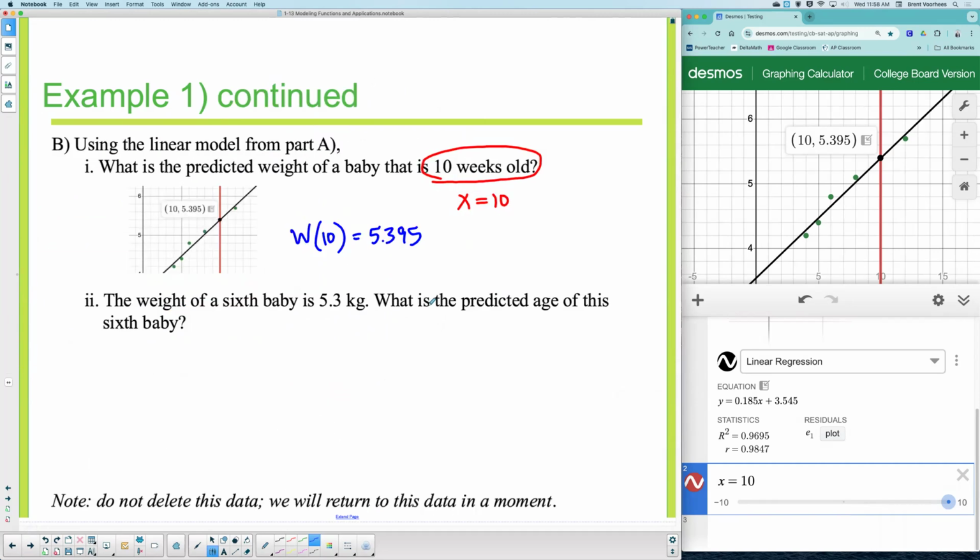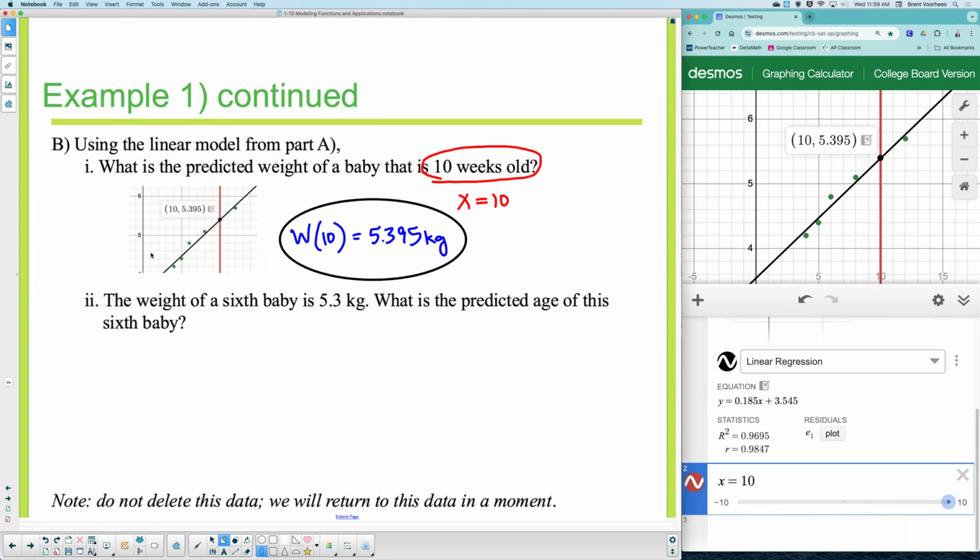Kilograms. That would be my weight right there. Questions over that? Okay, I'm going to keep continuing on.